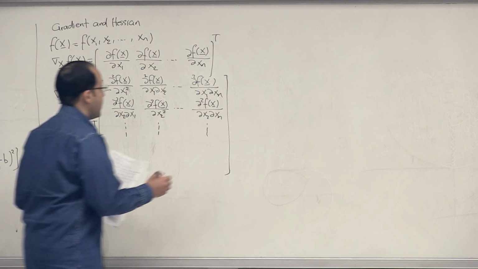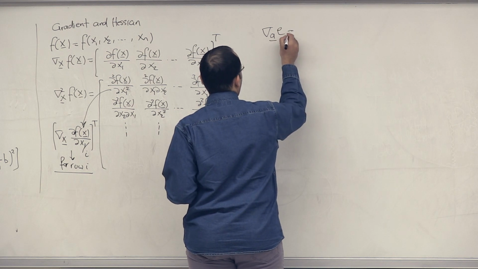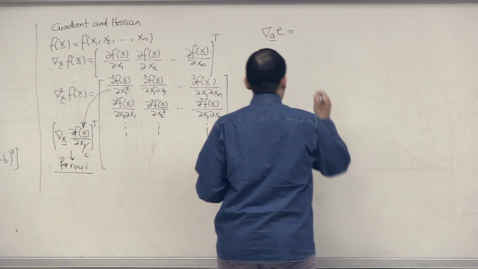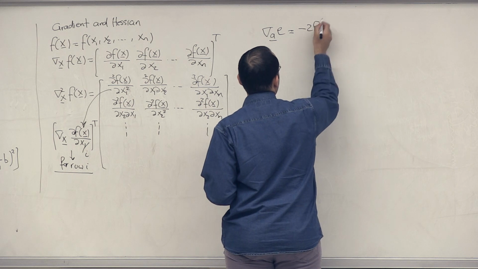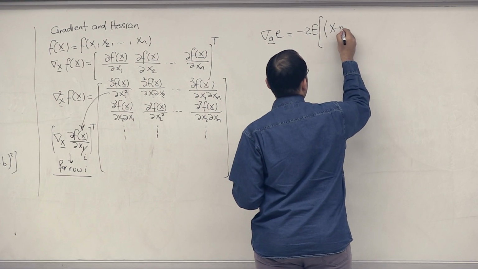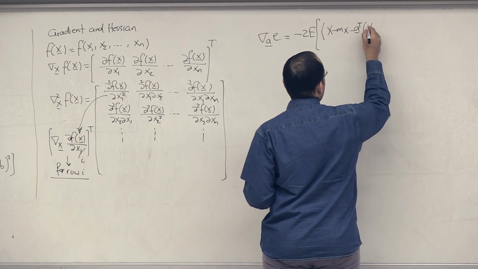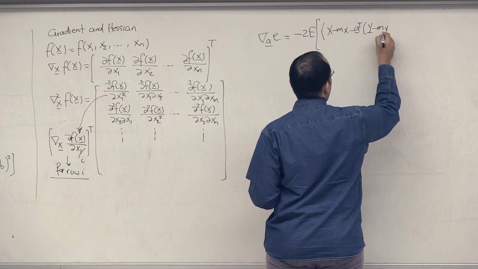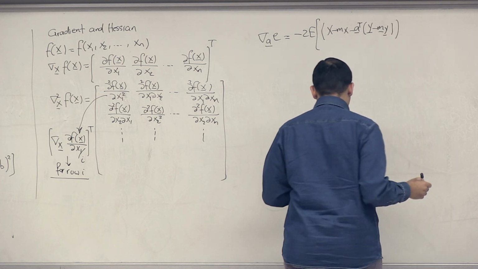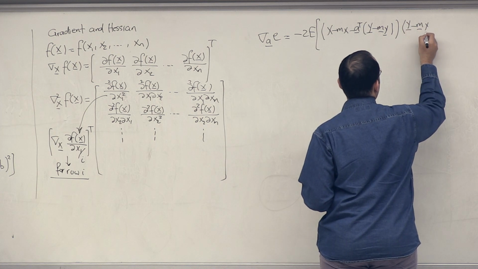All right, so let's return to this problem. We want to get the gradient with respect to A of this E. And this will end up being 2 times the expected value of x minus mx minus A transpose y minus my, multiplied by y minus my.